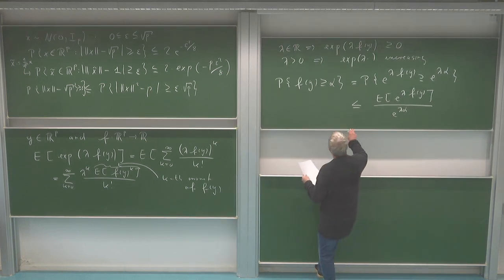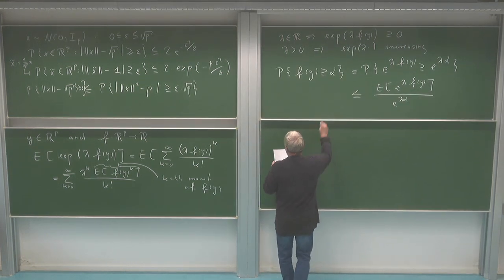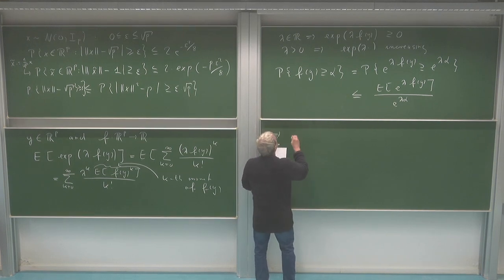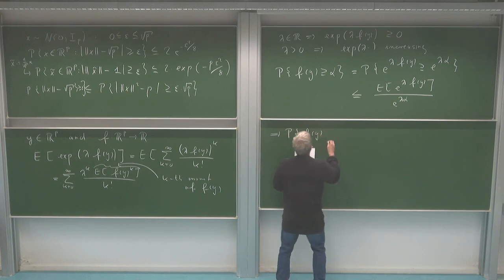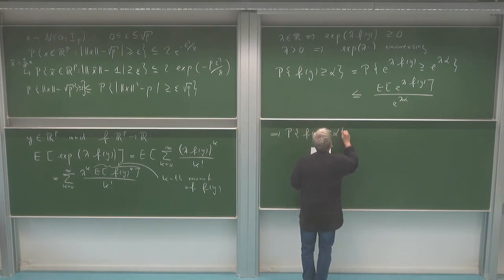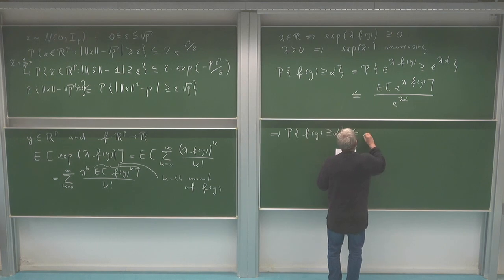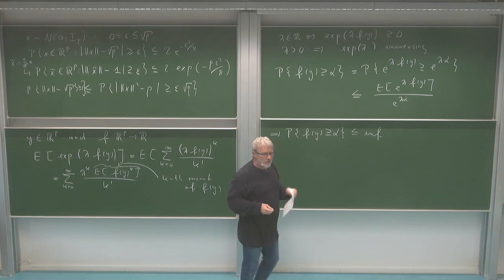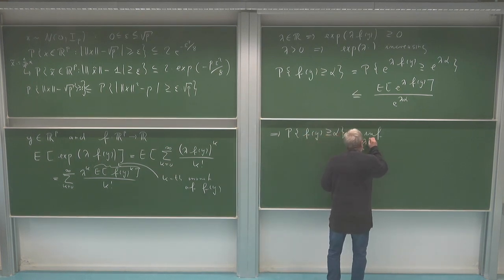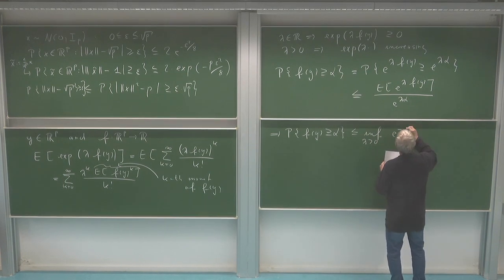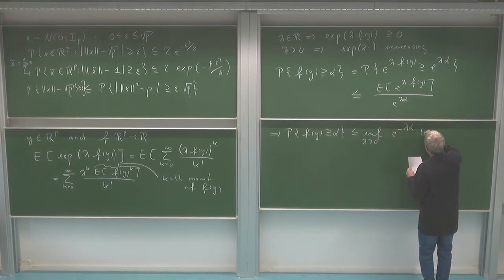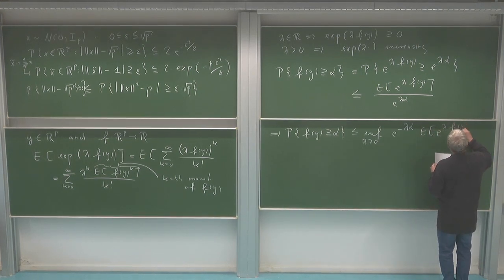So this means I'm optimizing this over lambda, and so what I get finally is that the probability that f of y is bigger than alpha can be estimated by the infimum of this side over all lambda. The lambdas which I can allow are all positive lambdas, and then I have e to the minus lambda alpha times the expectation of e to the lambda f of y.